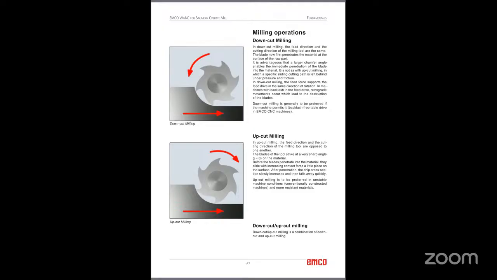So this section is explaining the milling operations used in EMCO Concept Mill. One is downcut milling, then upcut milling, then downcut slash upcut combination milling. So what is milling?